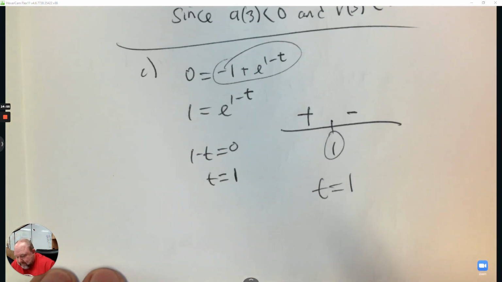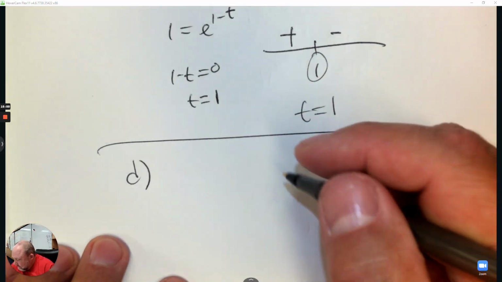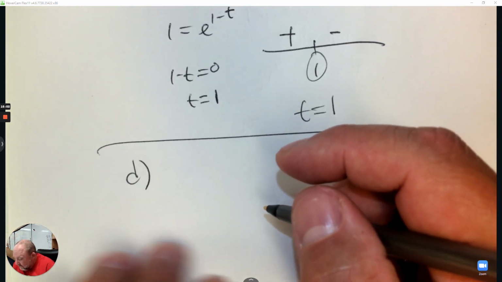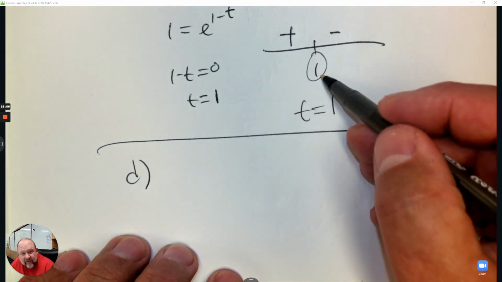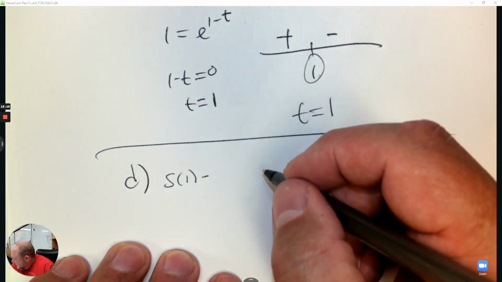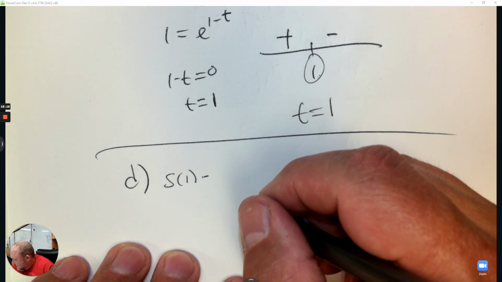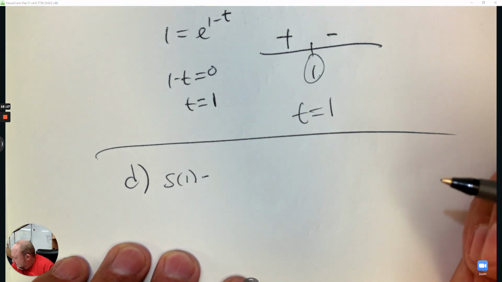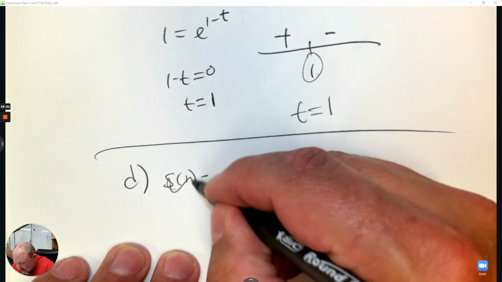Part D. Find the total distance from 0 to 3. So for the total distance, it changes at 1. So we need to know the distance from 0 to 1. Now we only have the velocity.